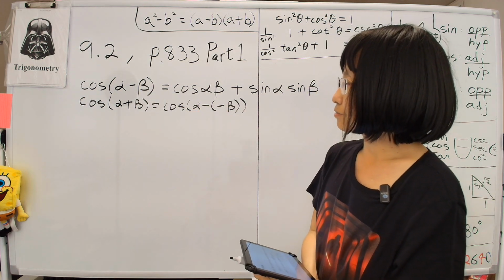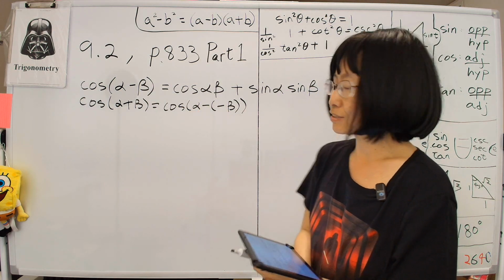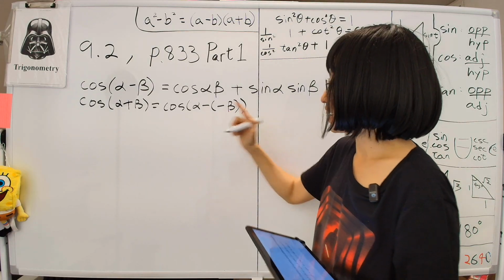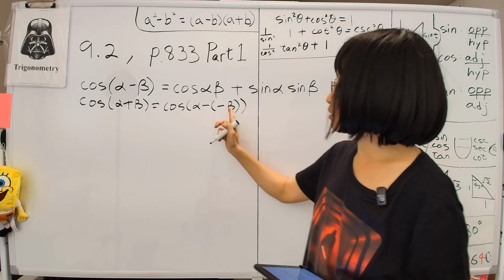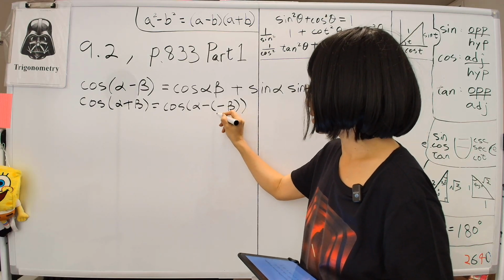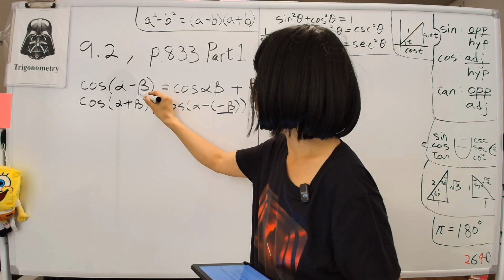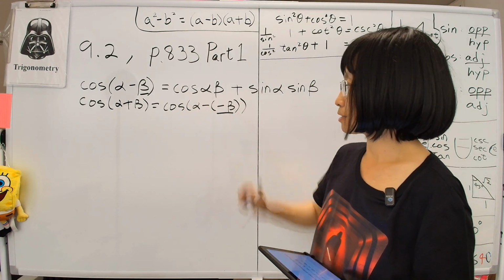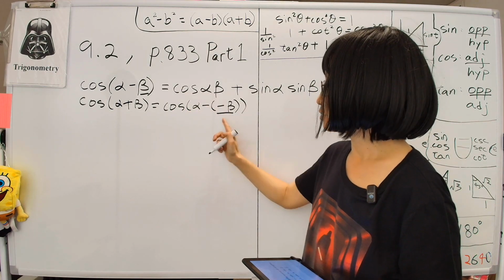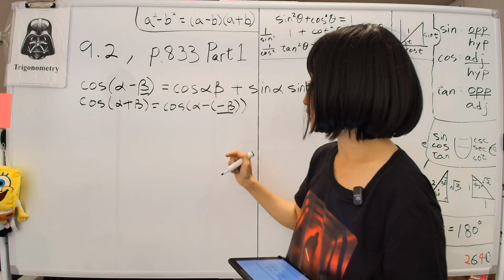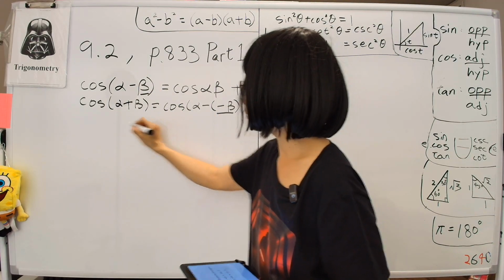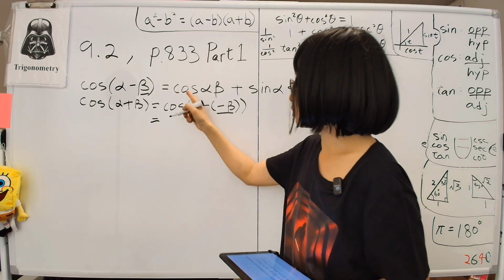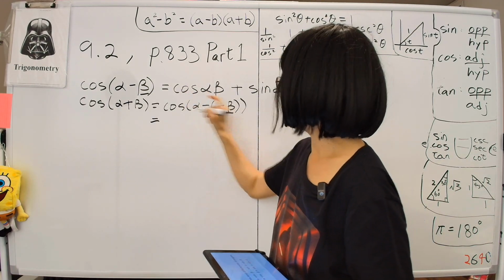Now, should I use a different letter? No, I think I'll just stick with it. And so now the negative beta right here will be the new beta right here. That is, I'm doing cosine of alpha minus some angle called minus beta. So using this formula that we just made, this equals cosine of alpha, the first angle.